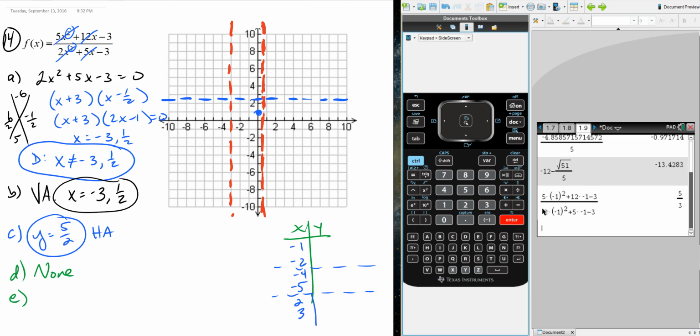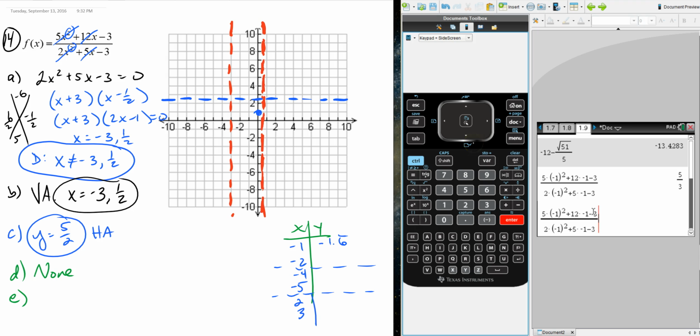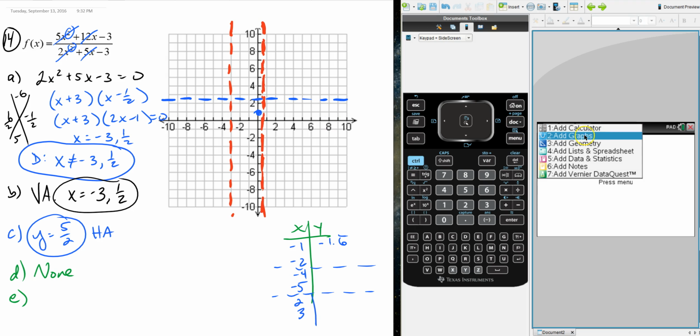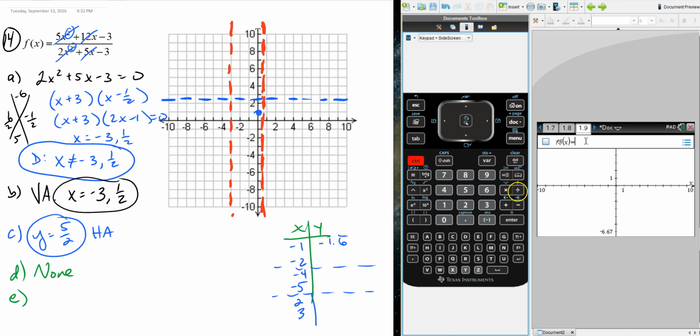And I get 5/3, which is -1.6 repeating. I could keep doing that over and over again. Remember, we talked about how you can copy and then just change the values that you need to. I'm actually going to, for the sake of time, graph this function and use the table.